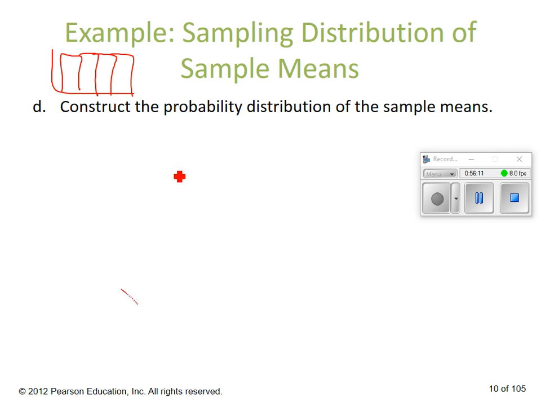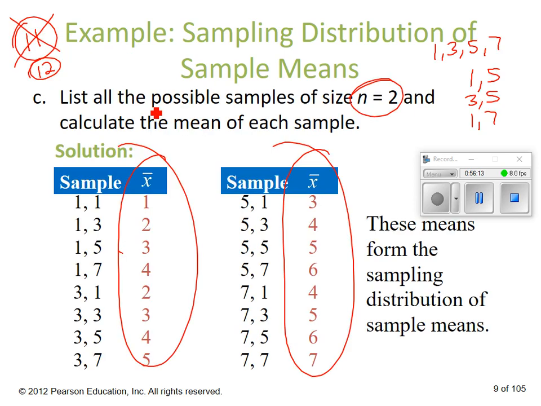If we go back, how many sample means was there that was just 1? 1 of them. How many sample means that are 2? 2 of them. About 5. How many sample means are there that are 5? 3. So the probabilities are going to be different for each of those.